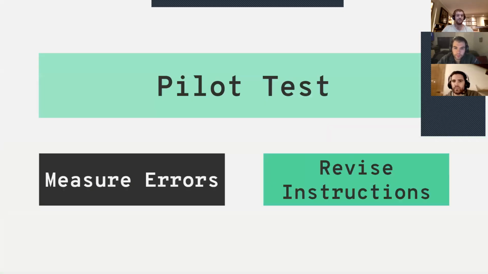We did a pilot test on a subject where we tried these different tasks and these applications, and it was to measure the errors and to revise the instructions. And we did come up with a few things that we needed to revise.